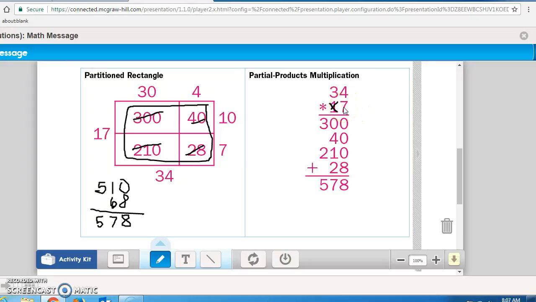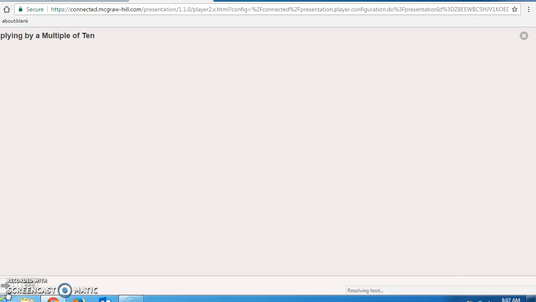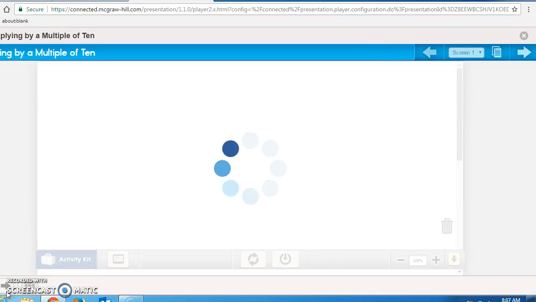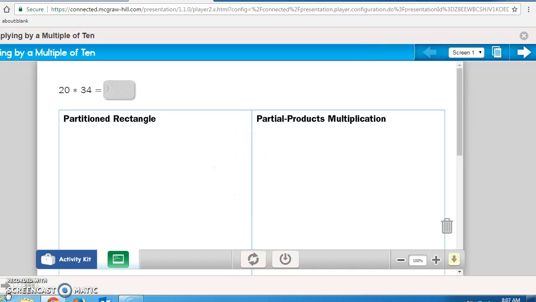Now I start with the 7. 7 times 30 is 210. And 7 times 4 is 28. When I add them together, I get 578.